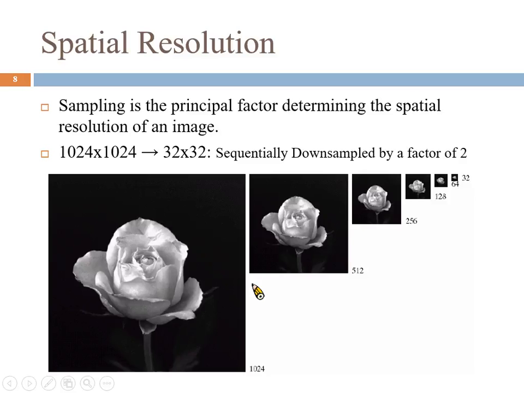Another terminology is called the resolution, especially the spatial resolution. Sampling is the principal factor determining the spatial resolution of an image. For the same object, for example this flower, if we place our image sensor more densely, then we can have a higher resolution digital image.